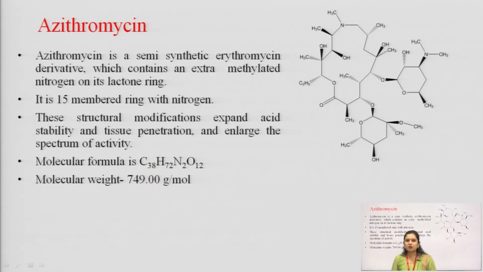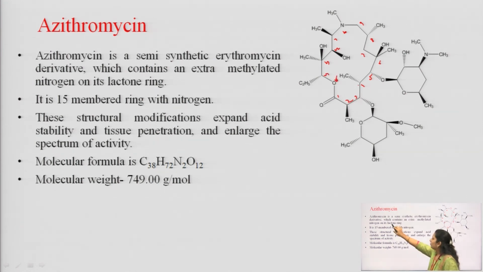इसके बाद हमारा last compound है that is azithromycin. एजिथ्रोमाइसिन में अगर हम ध्यान से देखते हैं तो जैसे मैंने आपको बताया था, क्लेरिथ्रोमाइसिन और एरिथ्रोमाइसिन are the 14 membered compounds, but this is a 15 membered compound. If we count, 1, 2, 3, 4, 5, 6, 7, 8, 9, 10, 11, 12, 13, 14 and this 15.